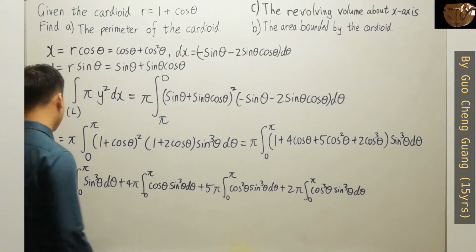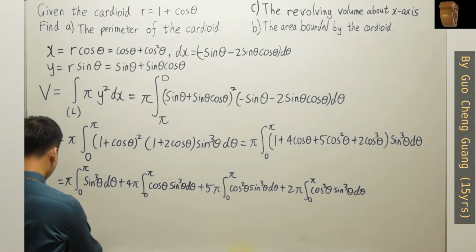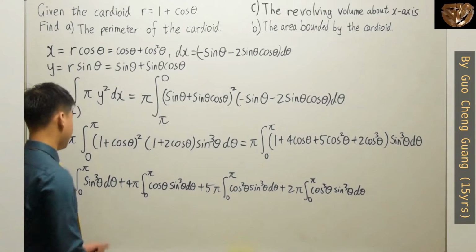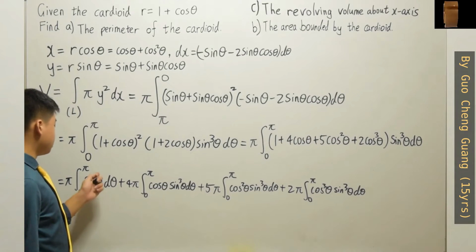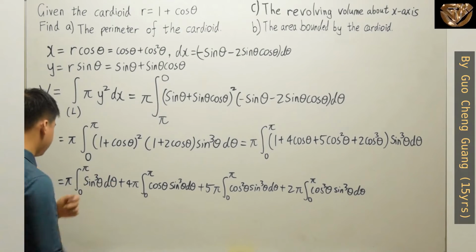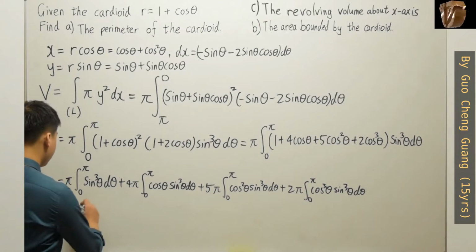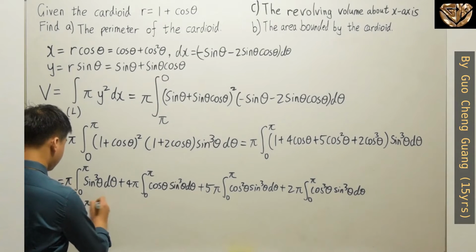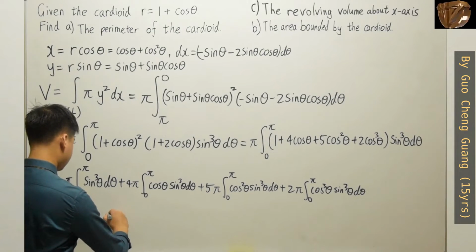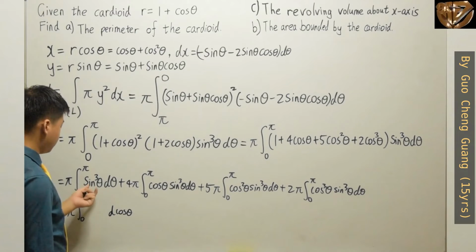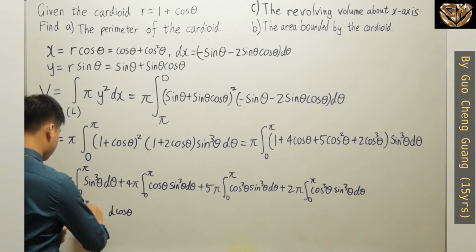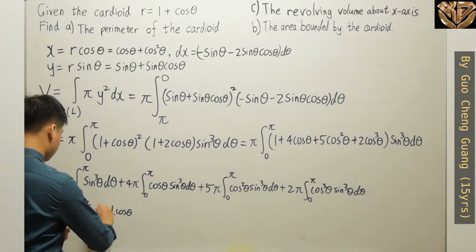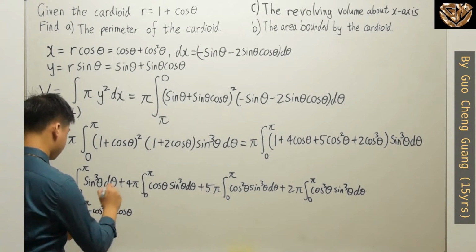Now let's look at the first term, where you will have pi. So sine cube theta, we put 1 in, we get a negative with the d cosine theta, while inside it is 1 minus cosine square theta.